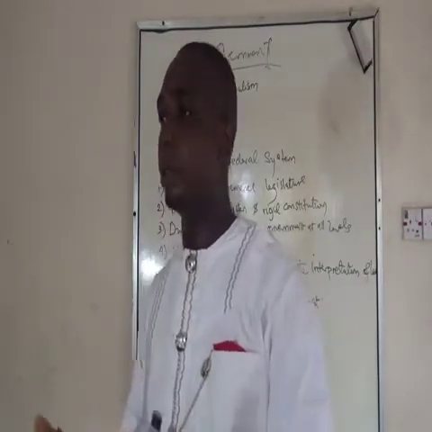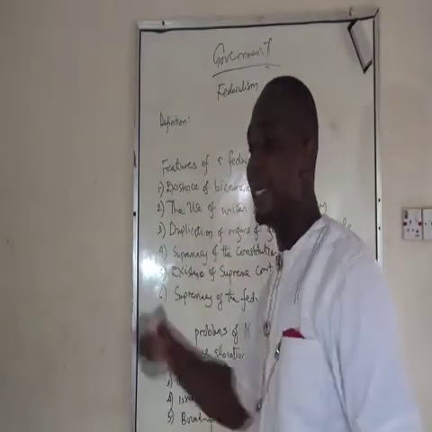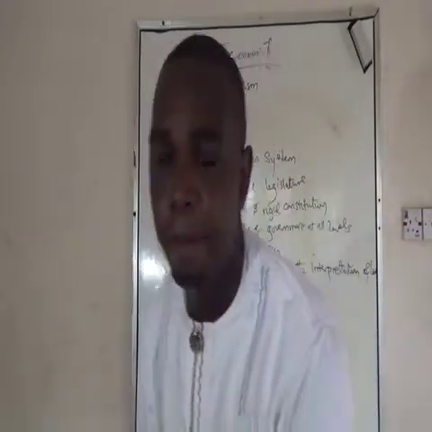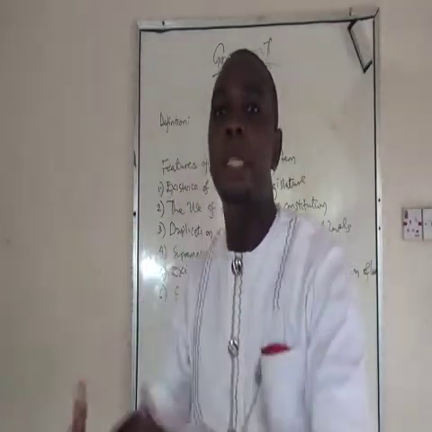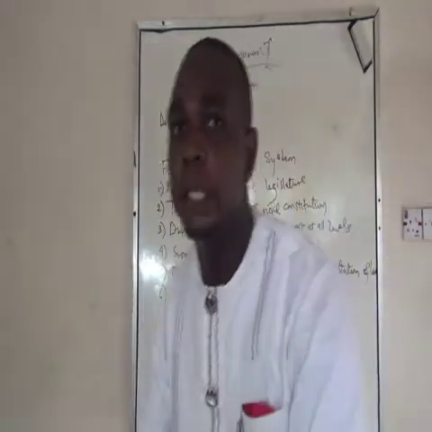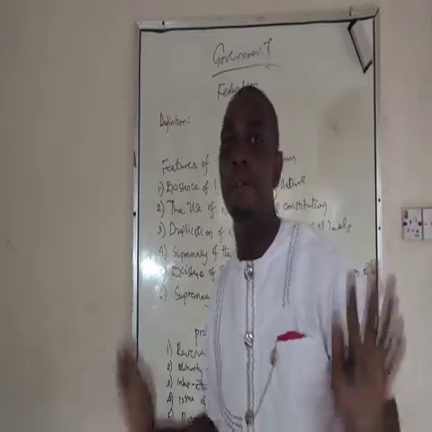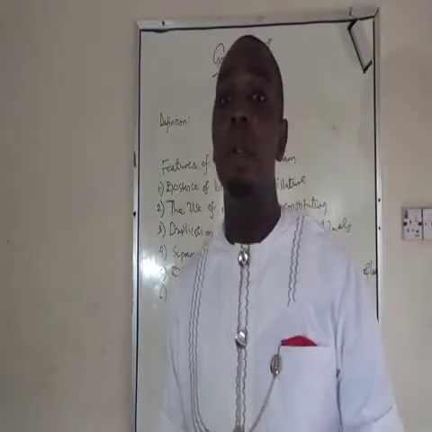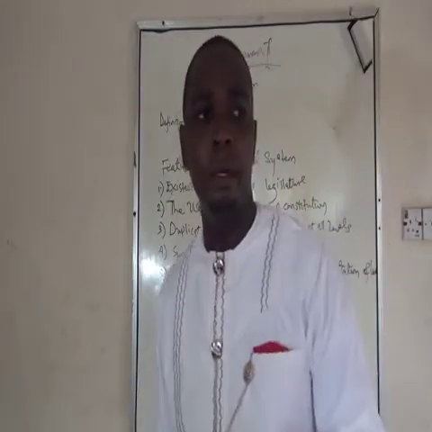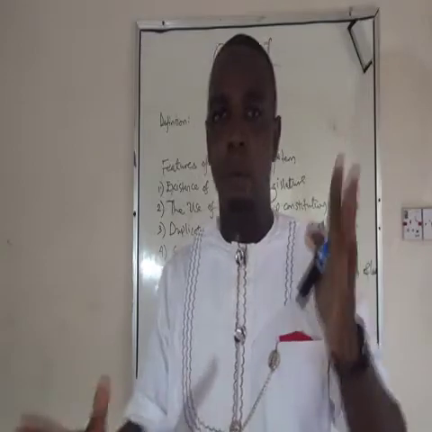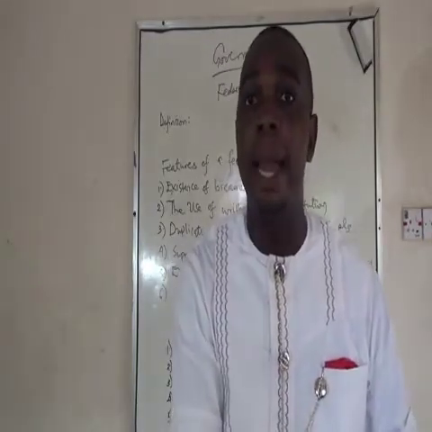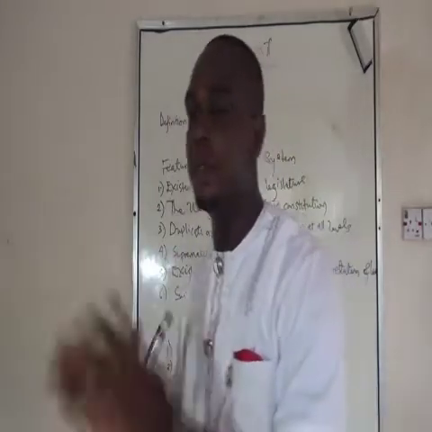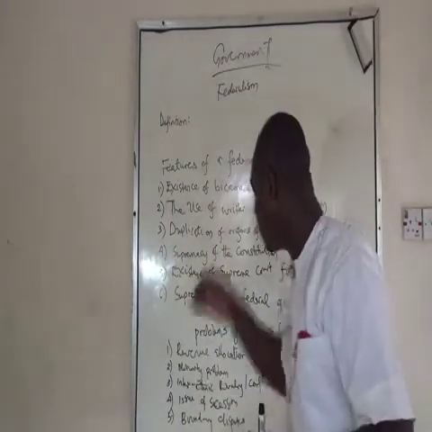Derivation is a principle whereby states where resources are harnessed from are given better federally allocated revenue. I don't know if you follow me. So over the years, there have been issues of revenue allocation. There has been crisis over here because it's like there is a travesty where you have some people that are preferred to the other people. So many commissions have come up to handle the issues that have to do with revenue allocation.